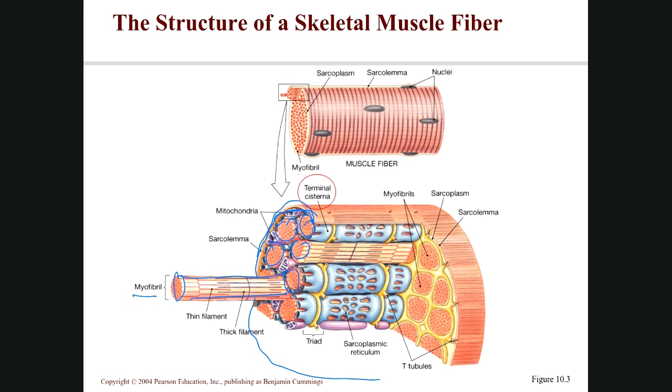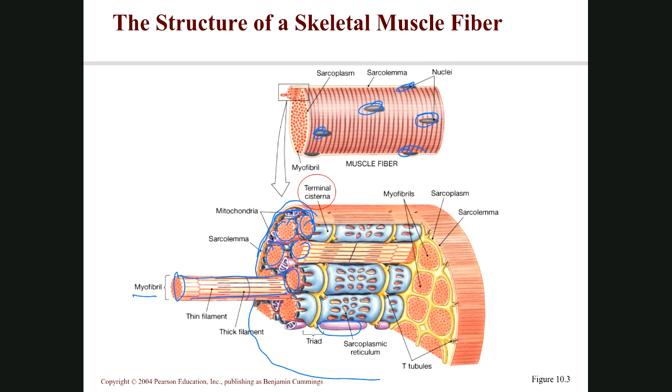You don't see these in other cells. And there are so many of these myofibrils packaged inside the skeletal muscle cell that there is hardly any room for the other organelles. So the other organelles, like the nuclei, have to be pushed to the periphery of the cell. Okay, so we have these myofibrils, which are going to be contractile proteins.